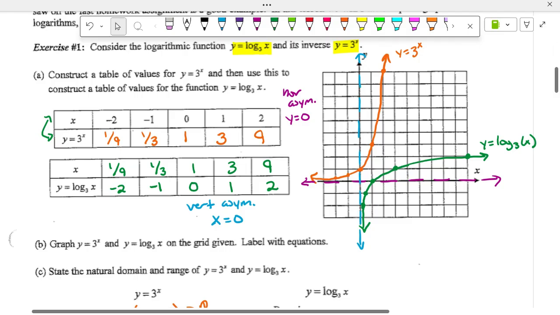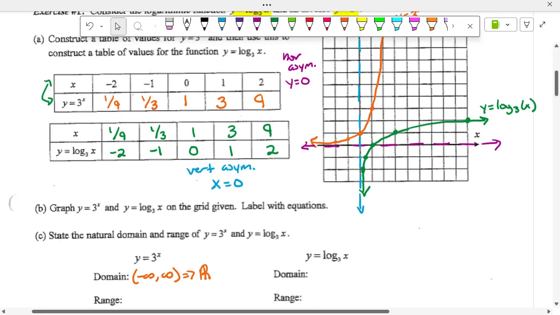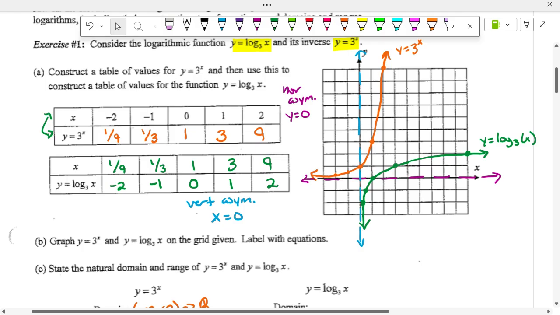What's the lowest possible y value of that orange graph? 0. But would I use a bracket or a parenthesis? We use a parenthesis. Why? What's true about y equals 0 for the orange graph? It's where the horizontal asymptote is, meaning our graph will never cross it.